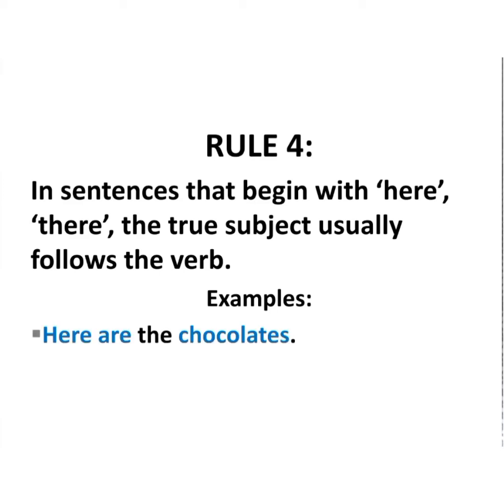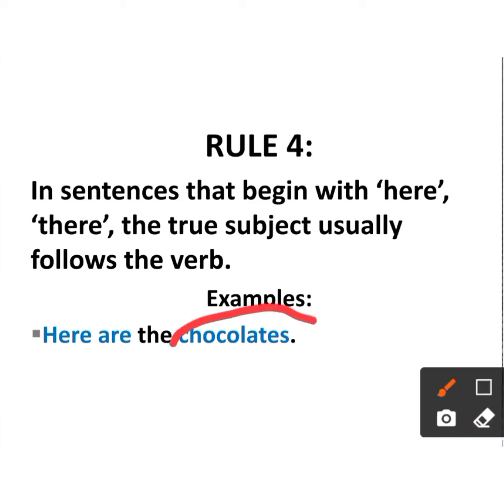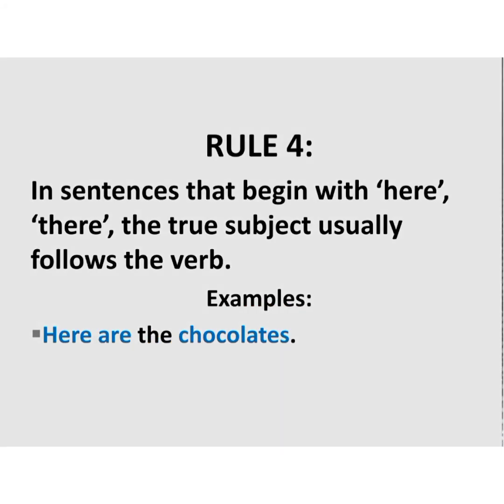Look at the sentence. Here are the chocolates. Now looking at the subject chocolates, is it plural or singular? Plural, right? So the verb must be plural too. You cannot say here is the chocolates. Okay, since chocolates is plural, you must use plural verb.